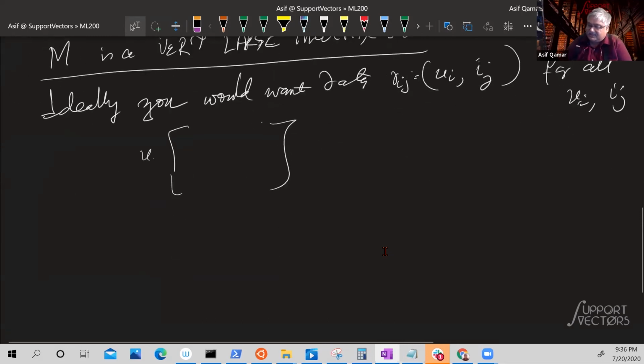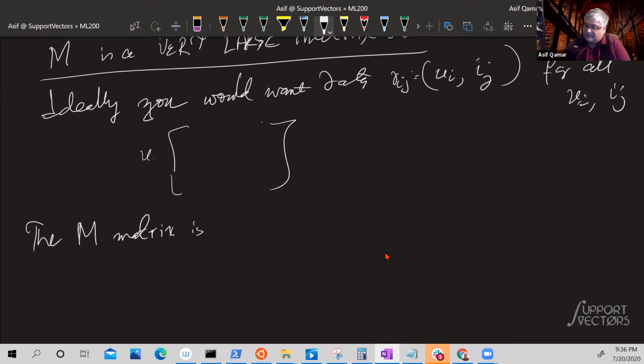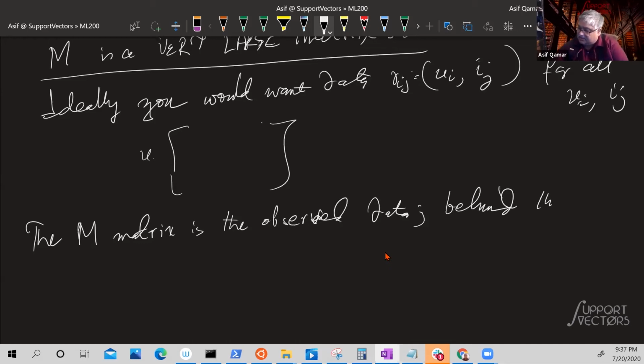The matrix is the observed data. Behind it is some explanation. Behind this data, we must hypothesize some explanation. Why did this user buy this item, isn't it?